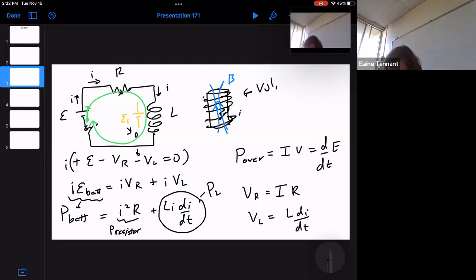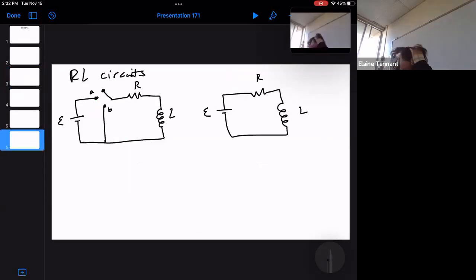I would like to find the current through this thing with respect to time. Do you want to find anything else? Just the current? Yeah, that's just the current. I just want to find the current with respect to time. And let's go through what we expect to see. So time equals 0, we close the switch to A. Initially, what do you expect the current to be?